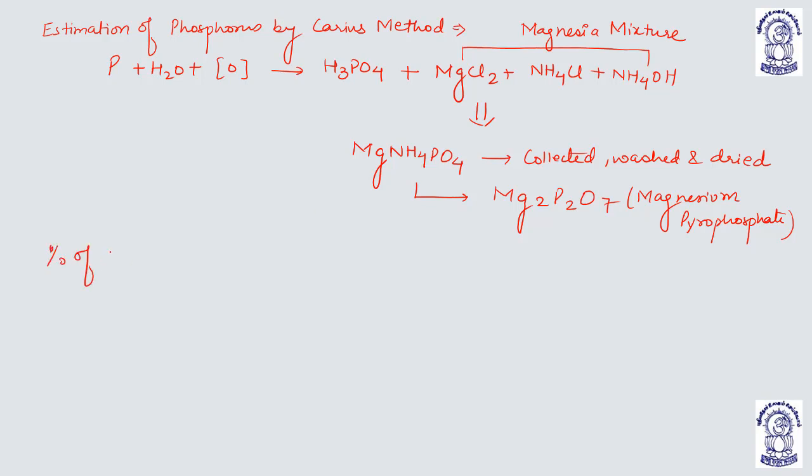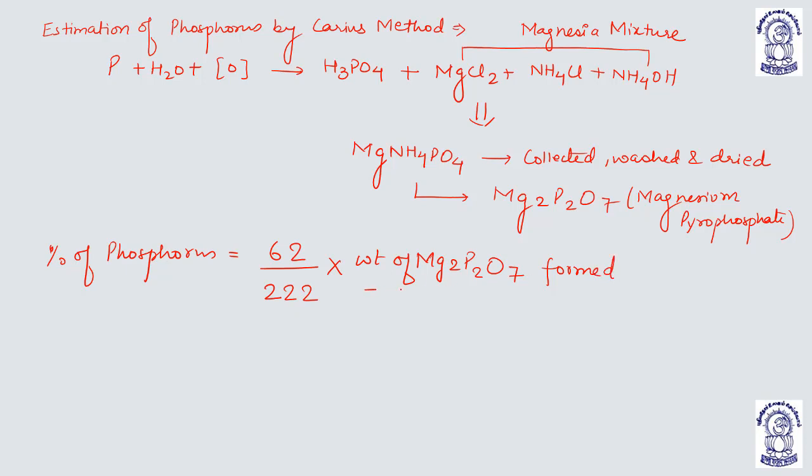Percentage of phosphorus is 62 upon 222 into weight of Mg2P2O7 formed upon weight of the compound into 100.